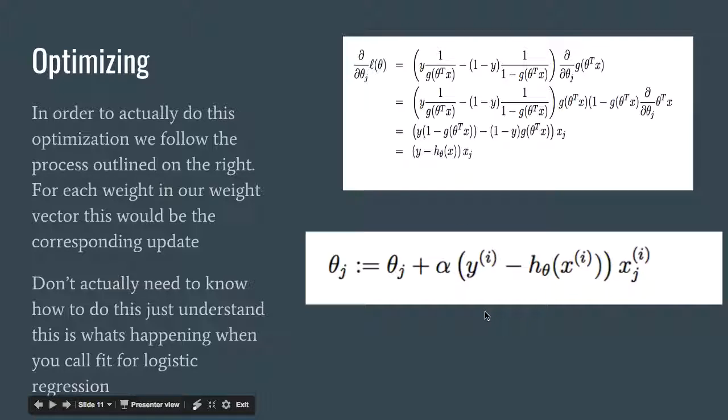Essentially that comes from something called gradient descent, where we recognize that we want to move in the direction of the slope in order to reach a local optimum. So let's look at a particular example.